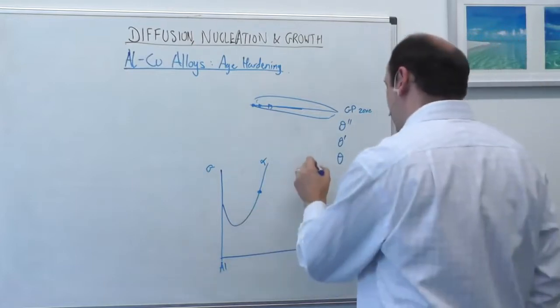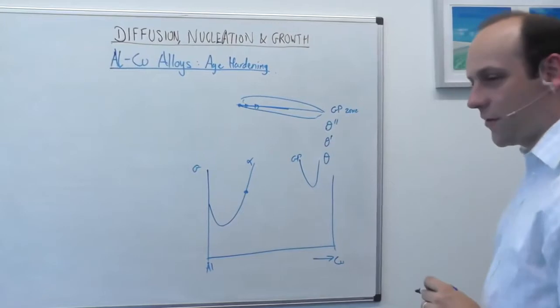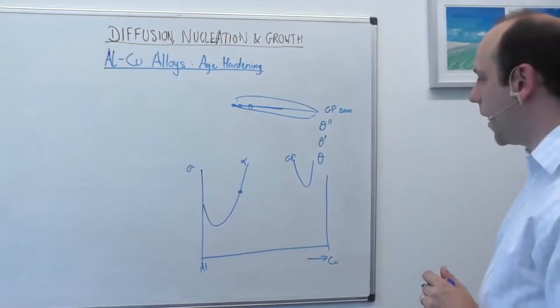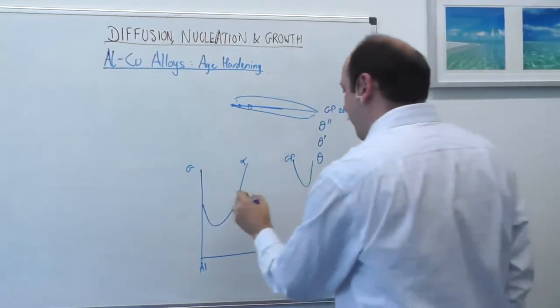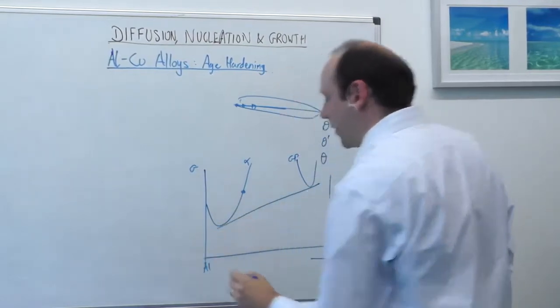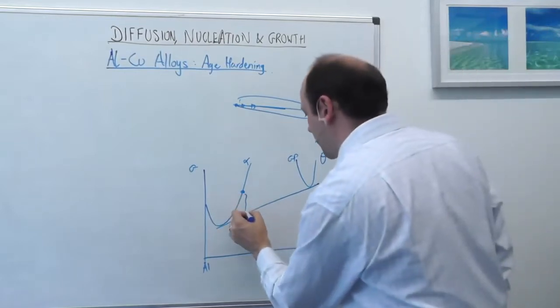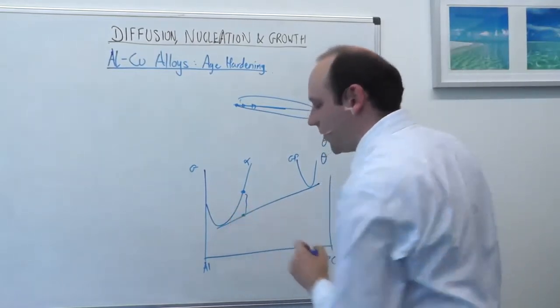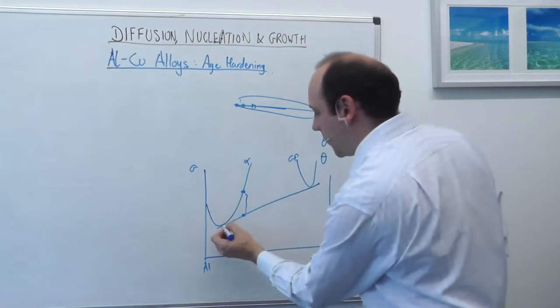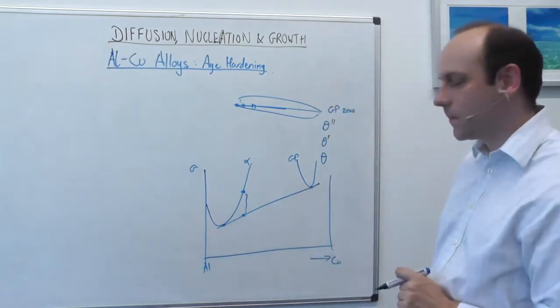Well, the first thing to happen is it forms a GP zone with a composition over here. And so it can lower its energy by forming a tie line like that. And that lowers the overall energy by this amount to give you an overall energy there composed of alpha of this composition and GP zone of that composition.